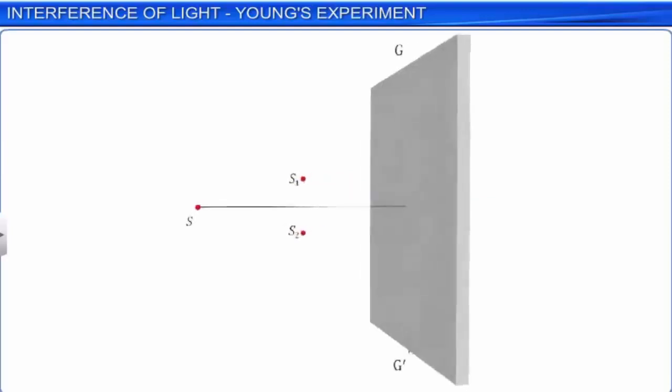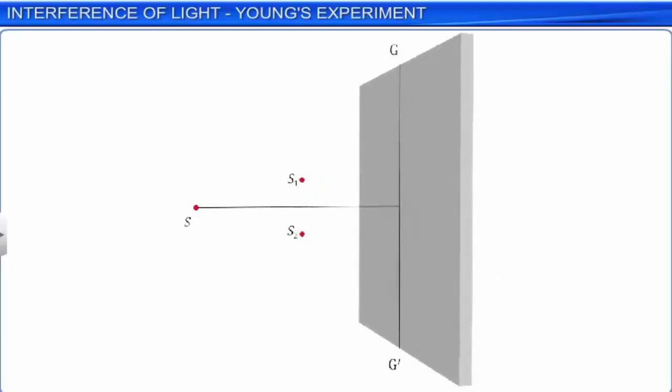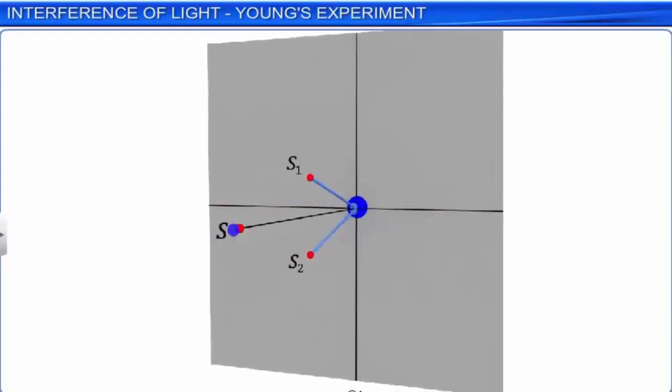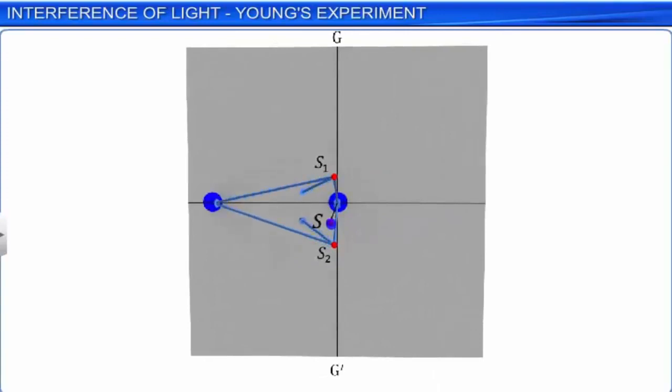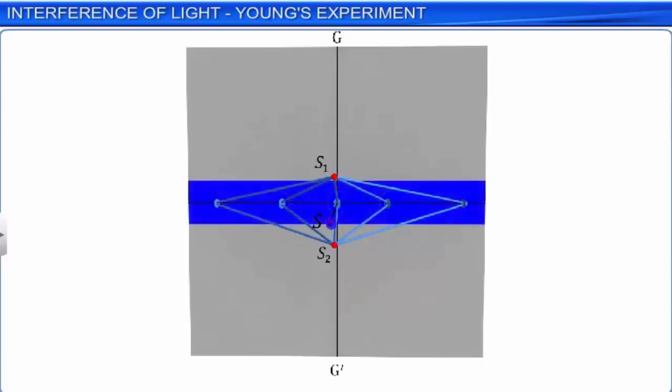This condition corresponds to n equal to 0 condition for a bright fringe, and hence we will have a bright spot at O. Now consider a line on the screen that passes through the point O and is perpendicular to both the lines AB and GG'. All the points on this line will be equidistant from S1 and S2, and hence we will have a bright central fringe along this line.